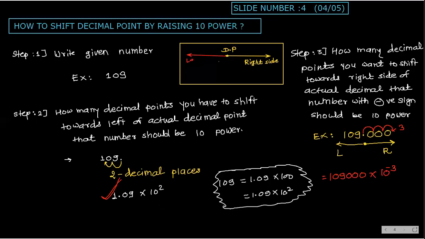And this is the left side. So if you are going towards this side, 10 power negative. And this side, the red one, means 10 power positive. Always keep it in mind. Understand? Is that clear?